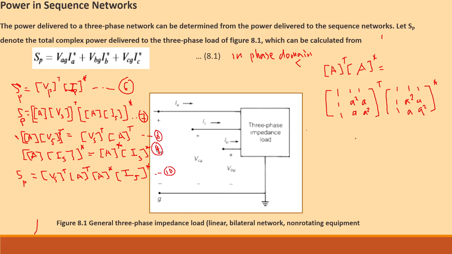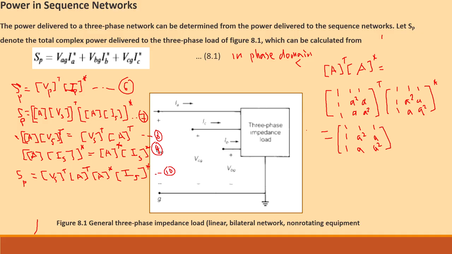As we said in the previous video, the transpose of this matrix is as follows. The first row becomes the first column, the second row becomes the second column, the third row becomes the third column.